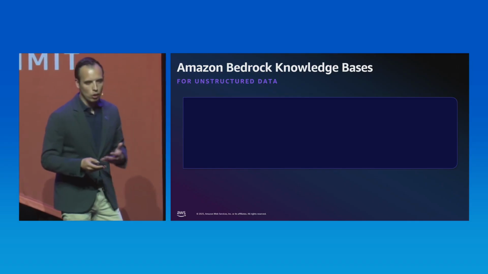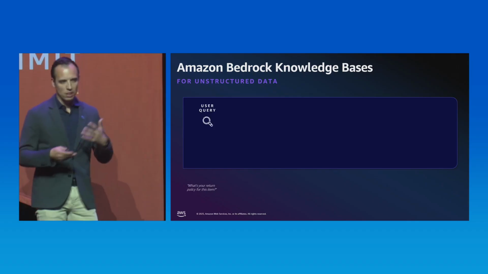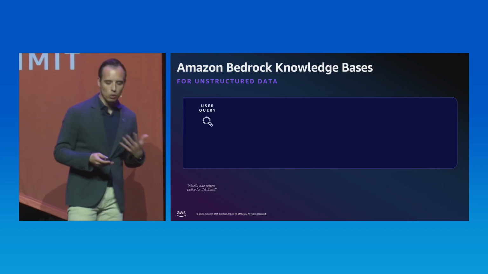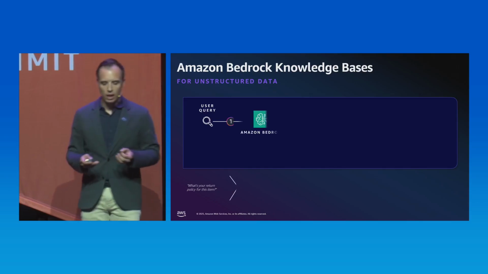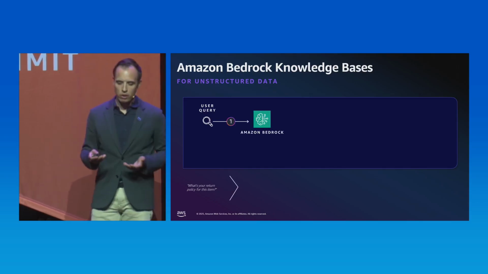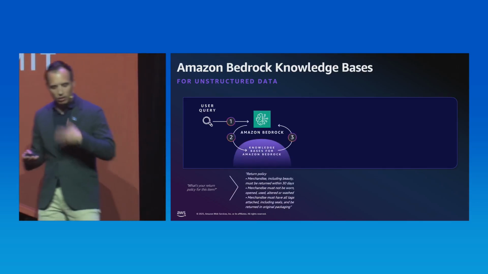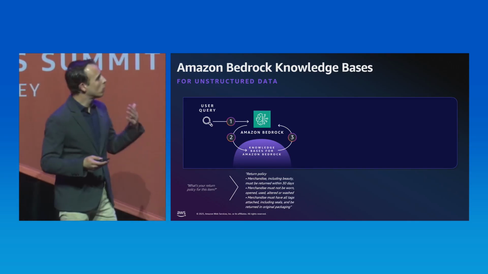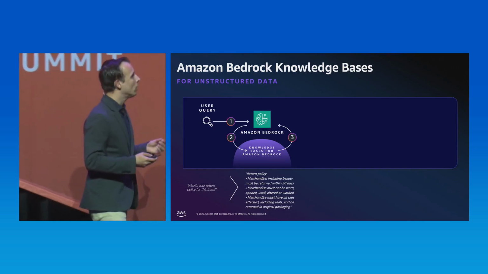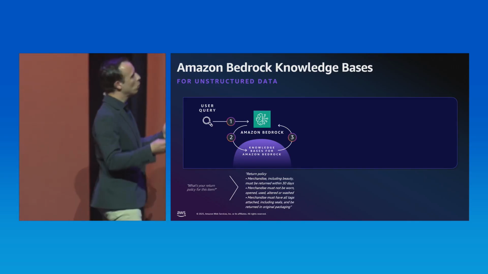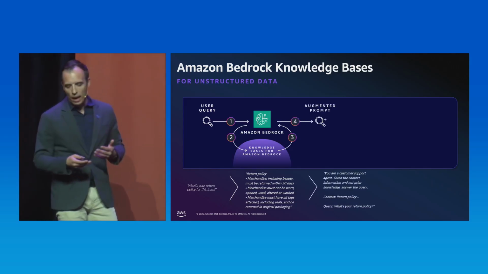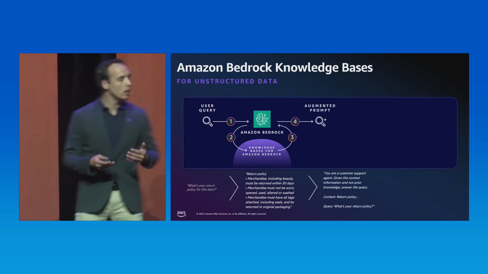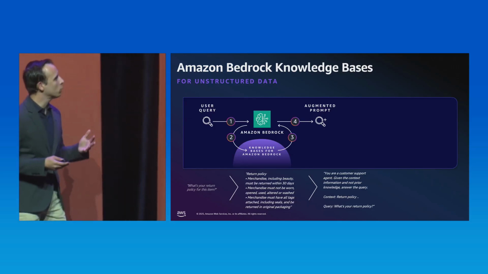Imagine that the e-commerce store has a support agent, and I'm going to ask the question, what's the return policy for the item? In the traditional sense, with Bedrock knowledge bases, we've got a knowledge base with our documents ingested, so there will be a return policy for our products. Then it gets passed to the prompt with our large language model.